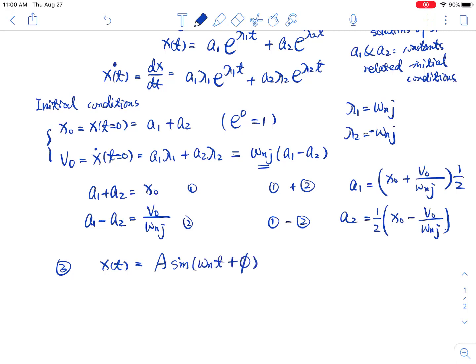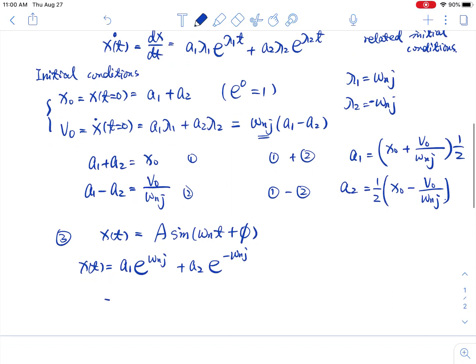Okay, so how can we get from the exponential expression to the sinusoidal equation? So we have to use Euler's equation. So that means your x(t) equals a1 e^(λ1 t) plus a2 e^(λ2 t); let's replace λ1 by ωn j, and then your λ2 is minus ωn j.